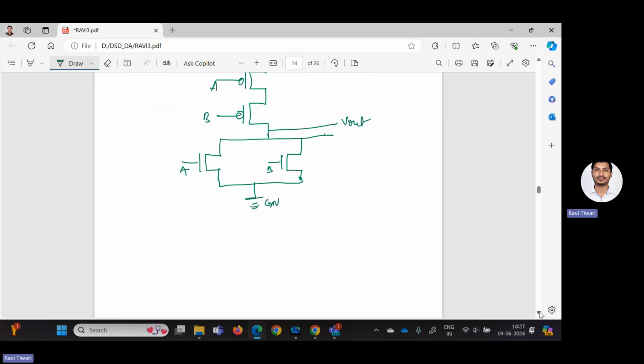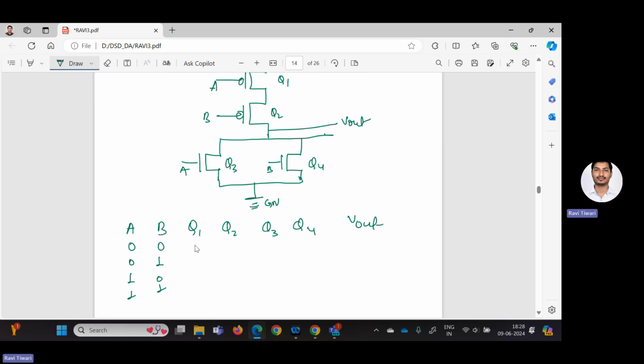Again, we will check the functionality by making the truth table. Here I am taking A, B, Q1, Q2, Q3, and Q4, and we will check the V out. Assume this is Q1, this is Q2, this is Q3, and this is Q4. As we are having the two inputs, there will be four possible combinations: 0 0, 0 1, 1 0, 1 1.